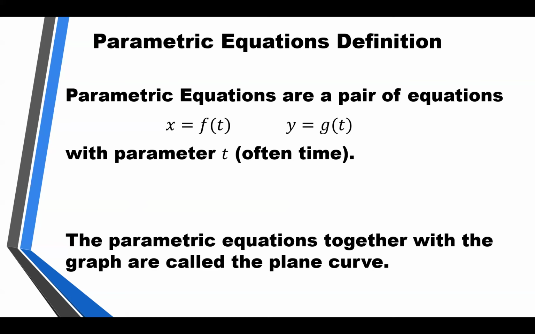Now, obviously, we can graph a curve in the plane through parametric equations because we can plug in any numbers in the domain and get a corresponding ordered pair x and y. Then we can put those all together and they become a curve in the plane. The parametric equations together with the graph are called the plane curve.